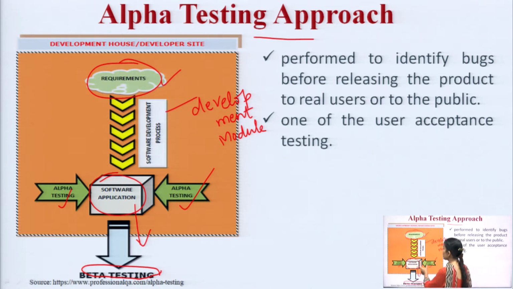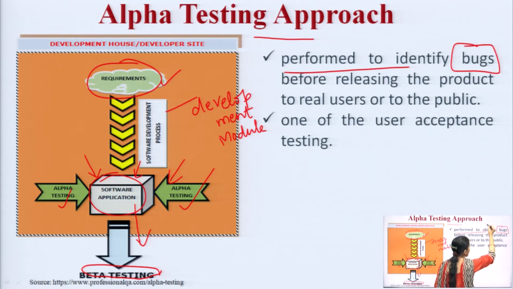Before the release of the software, when it is handed over to the customer for use, it is tested against different sets of inputs. We will give valid inputs and also invalid inputs to know the behavior of the software. So, I can say that it is an approach performed to identify bugs.